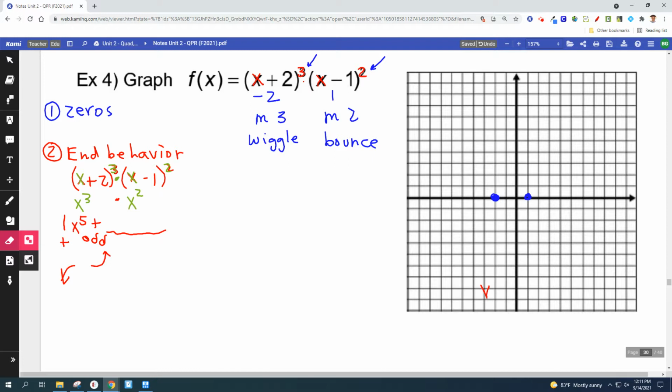Step 3, multiplicities, already did that. Step 4, make an XY table. So this was step 3. Step 4 is going to be a table. And we can plug in whatever we want really, but step 4 says plug in 0, just mainly because it's going to be easy to do.